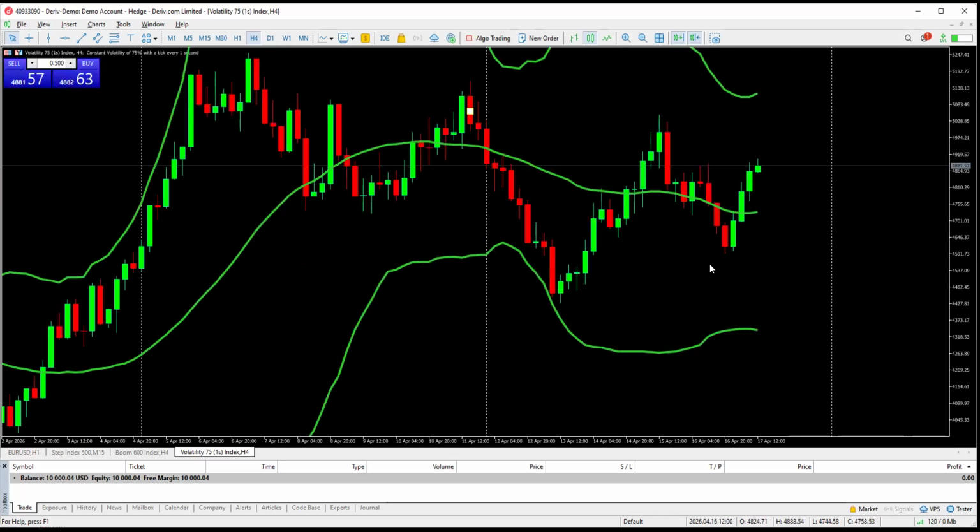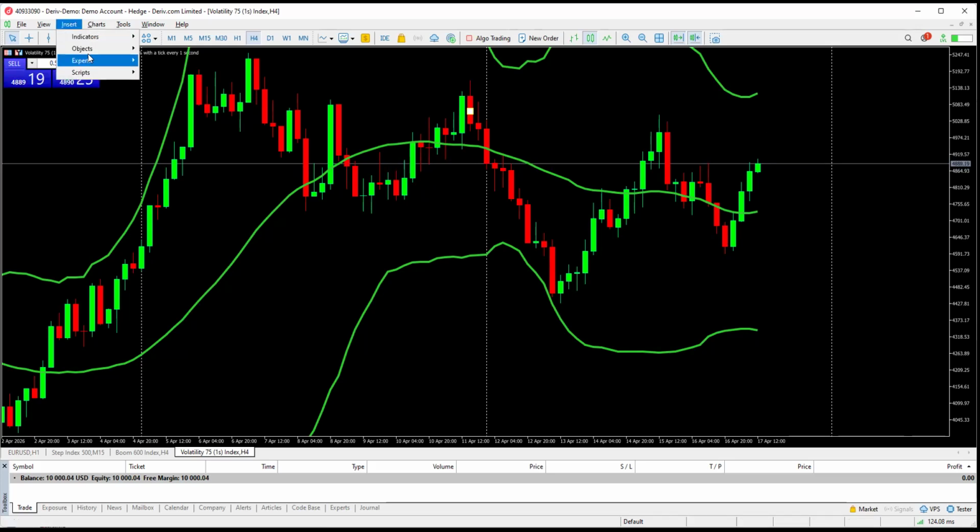When the price is going up, it's called bullish. When the price or candlesticks are going down, it's called bearish. In other words, when the graph is going up like this, the graph is bullish, and when it is going down, it's bearish. Now, how do we use this Bollinger Band indicator?